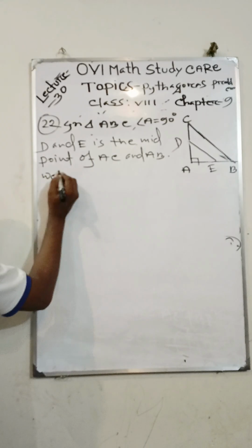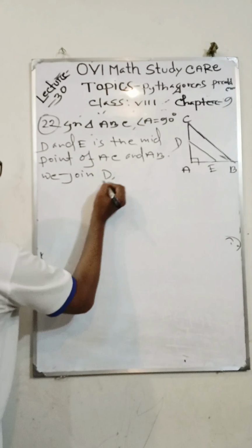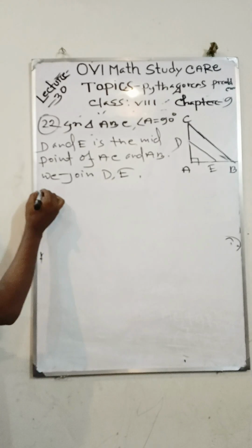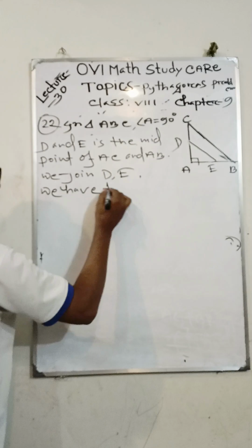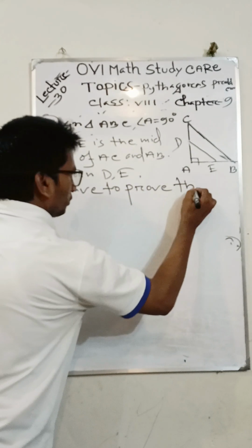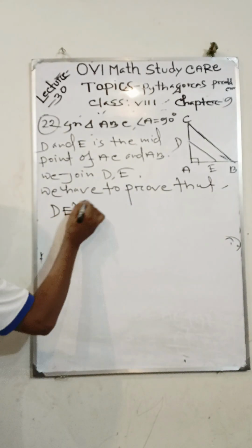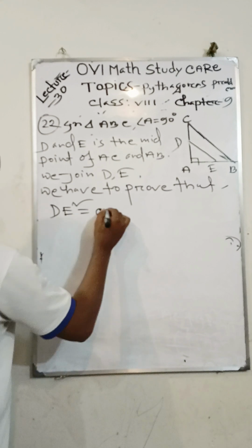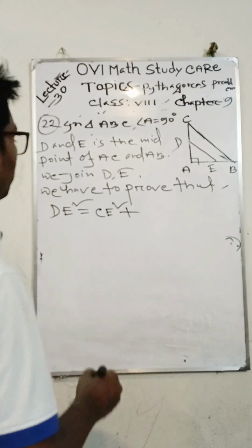We join DE. We have to prove that DE square equal to CE square plus BD square.